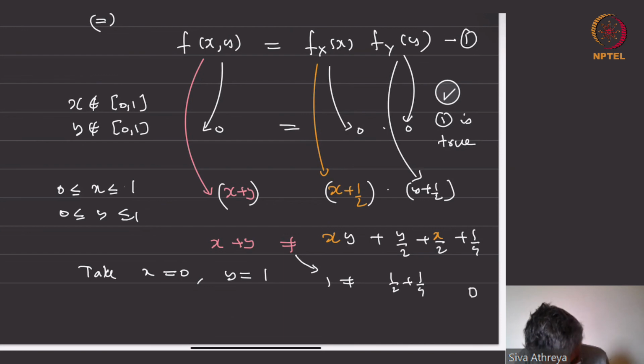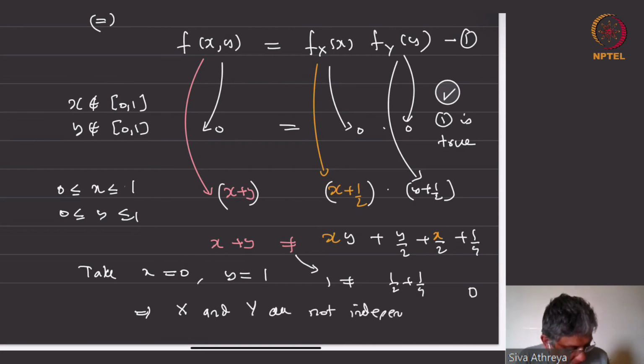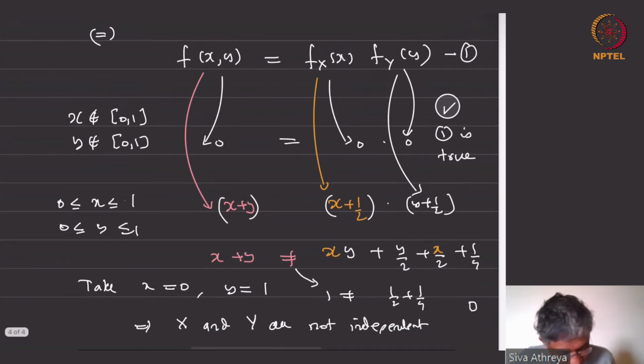So in some sense, this implies that x and y are not independent. If the densities don't multiply out, then the random variables are not independent. They're dependent. So there's some dependence between x and y.